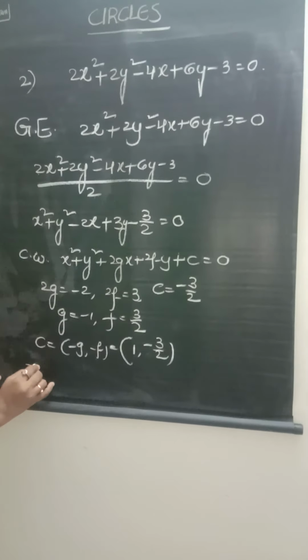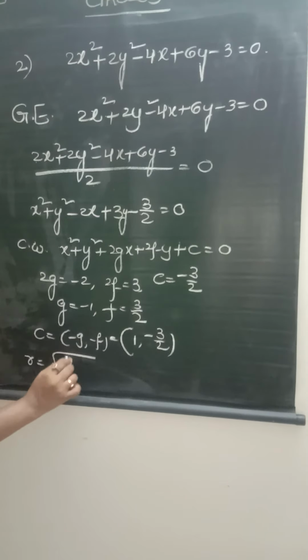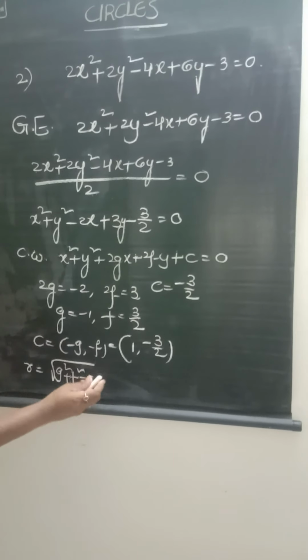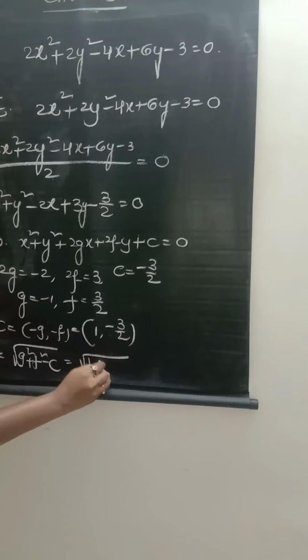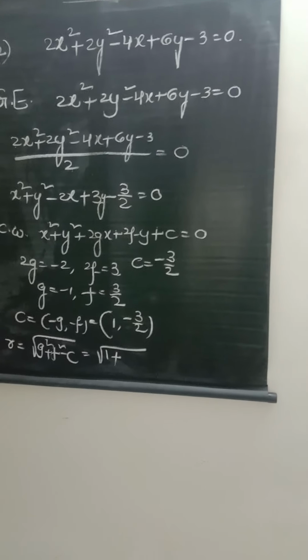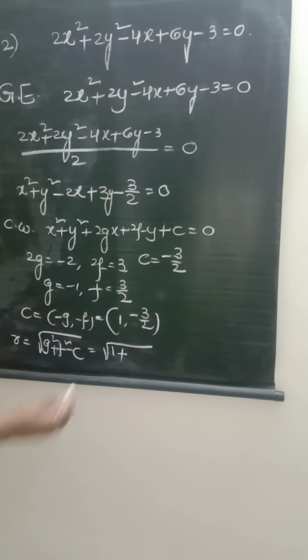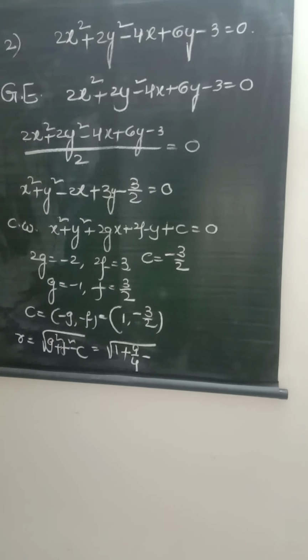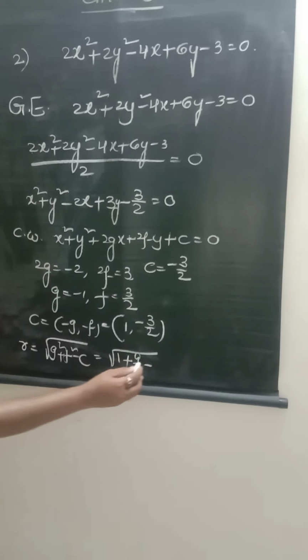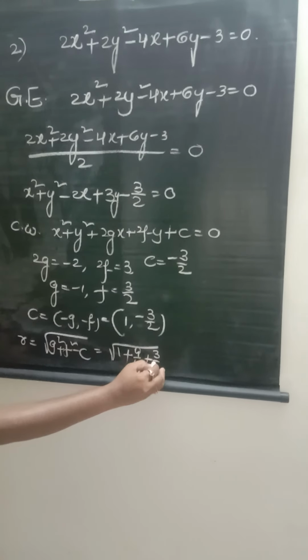And radius r is equal to square root of g square plus f square minus c, which is square root of g square 1 plus f square, (3 by 2) whole square, that is 9 by 4, minus c, where c is equal to minus 3 by 2. Minus of minus, plus 3 by 2.